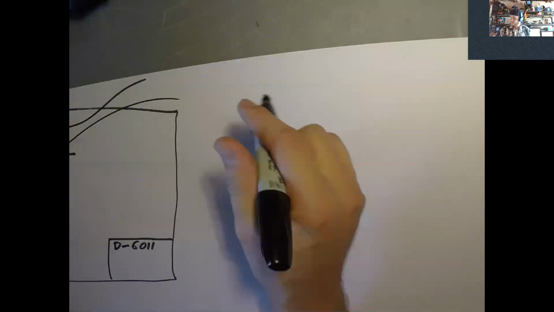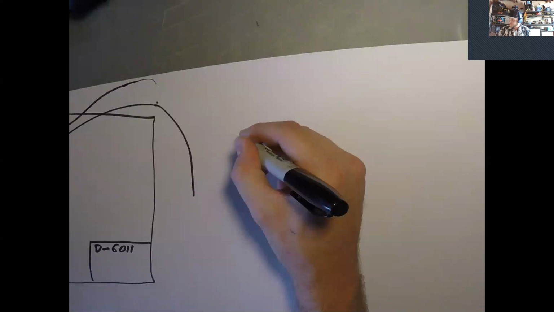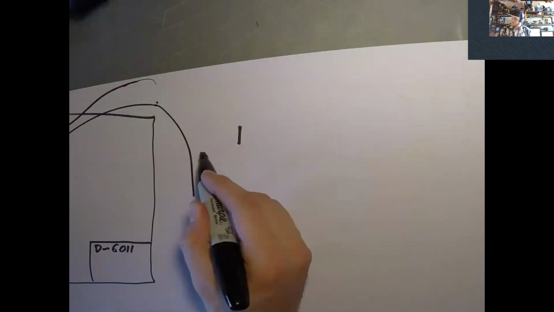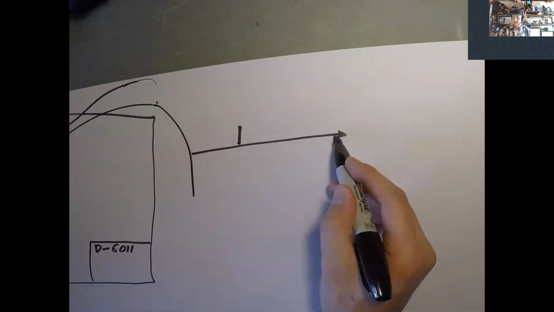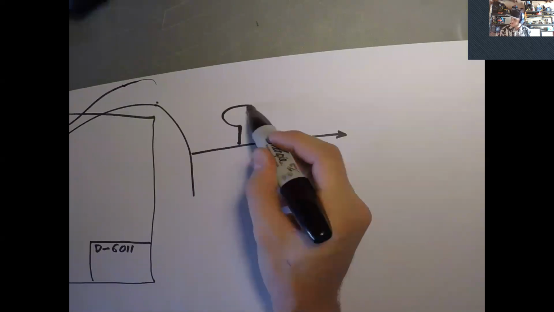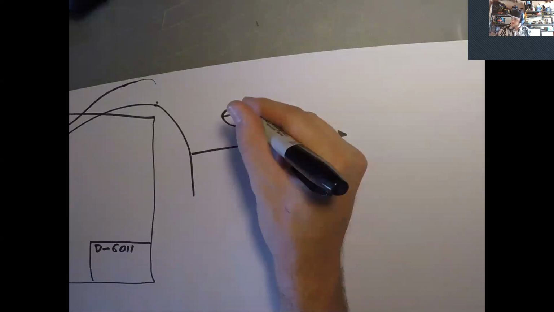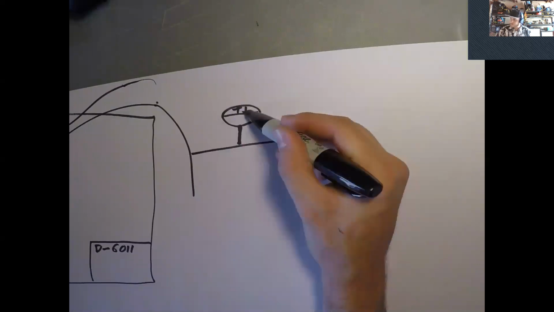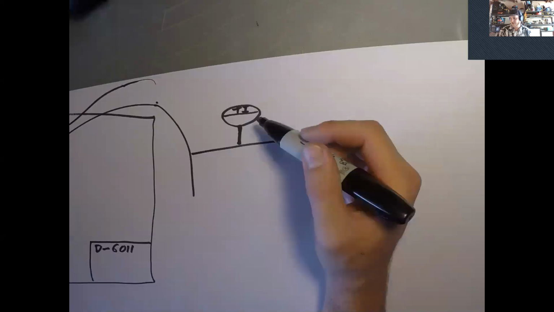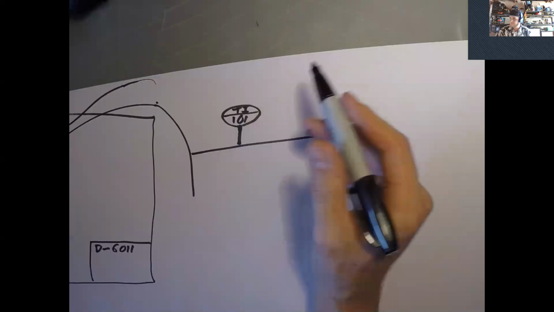So the way you draw an instrument is, off your line, pretend like this is your process line here, you just draw a little line and you draw your bubble. And so if you have a temperature gauge, that would be a TI, temperature indicator, and then whatever number it is. So we'll just call that 101.